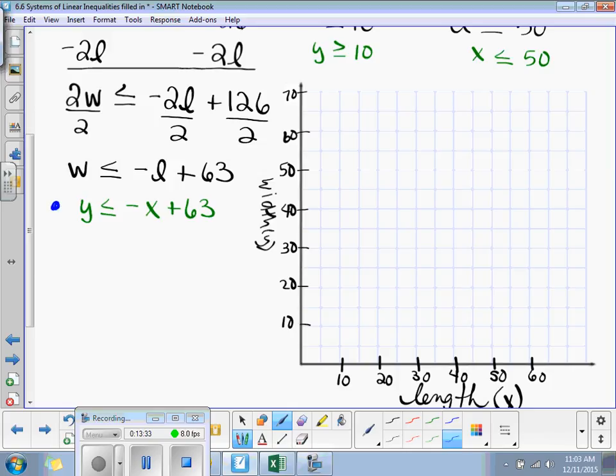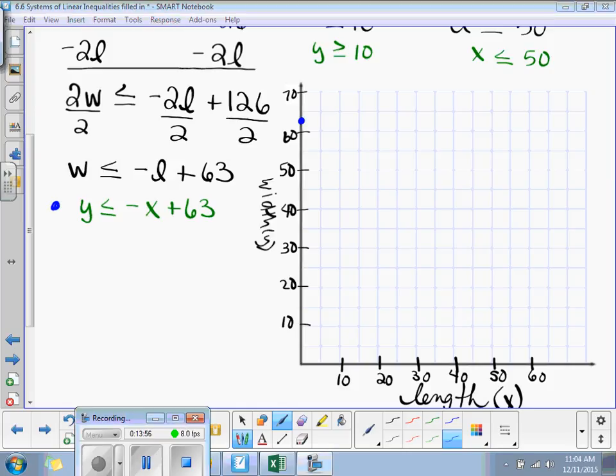Okay? We're starting at y is equal to 63, right? That's my y-intercept. So 63, this is 65, so 63 is about right there. And the slope tells me to go down 1, to the right 1.